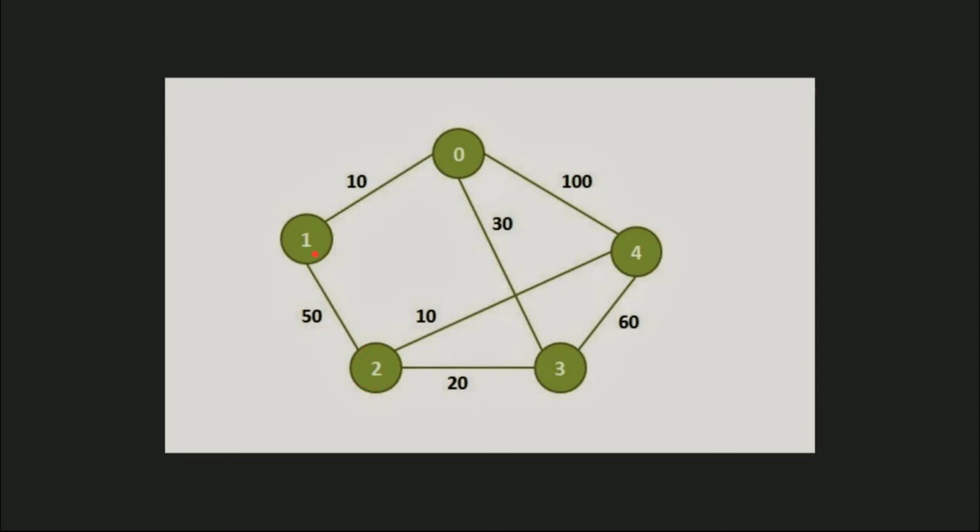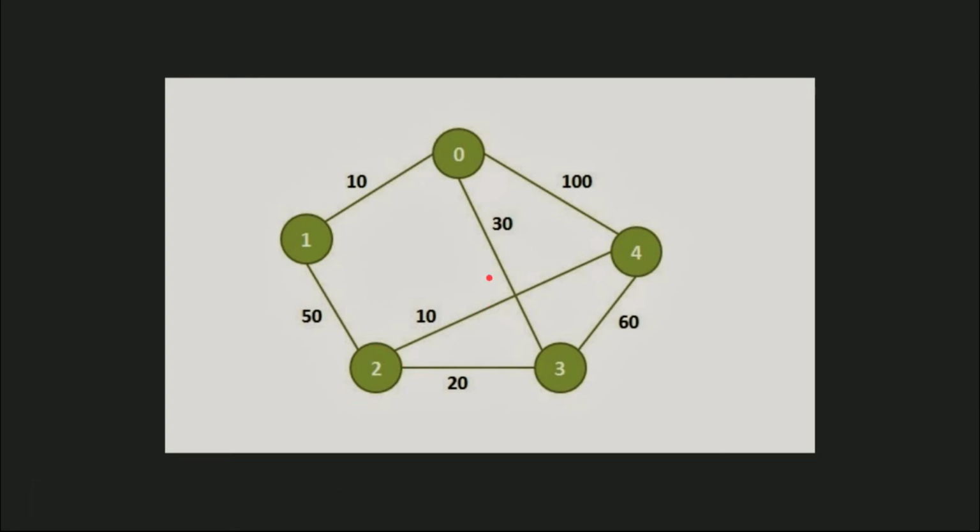We would jump from 1 to 2 and mark it as visited, but one point is that we will not actually do that, because node 2 has a value of 50. If we go to 2 via 1, it will cost more. So I'll not use the route via 1. I'll rather use the route via 3 to 2. So for now the path is 0 to 3 to 2, because it costs 50 here.